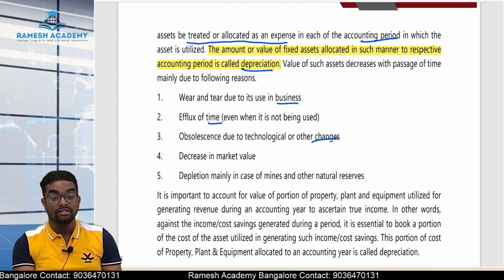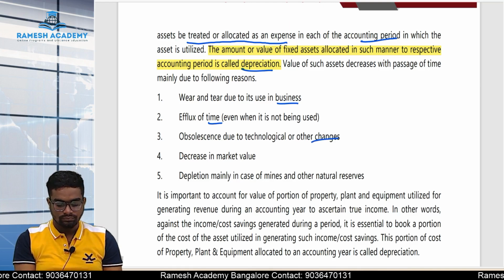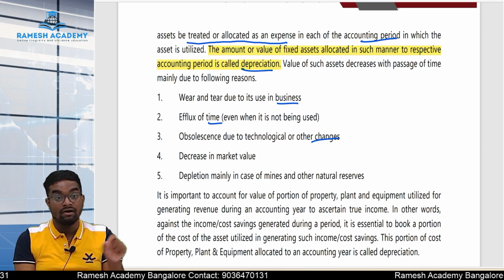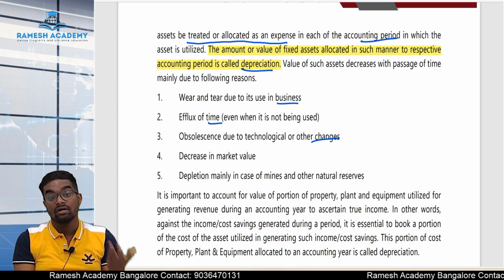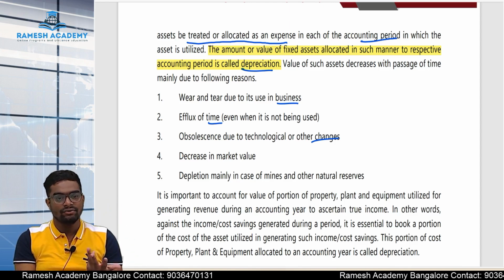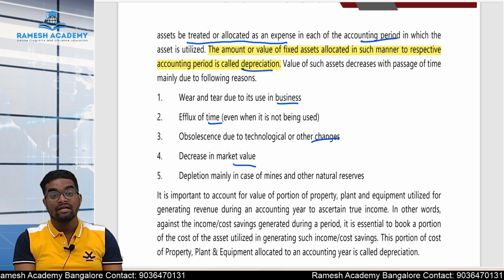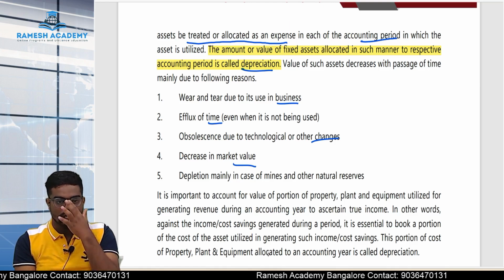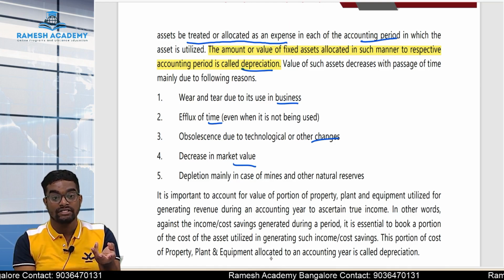Obsolescence due to technology or other changes. Now every car has inbuilt technology, maybe Bluetooth, maybe touch screen, all those features. If you do not have that, or if you have the old feature, it is outdated. The market value decreases because a next model has come in with new add-on features. Correct?